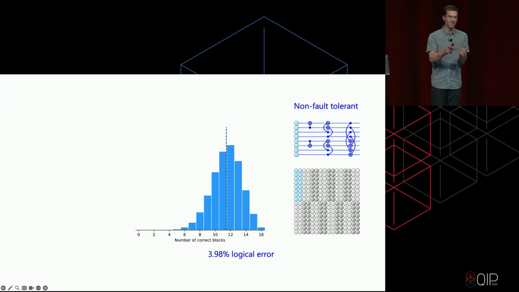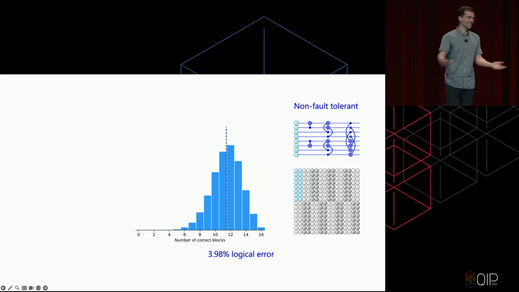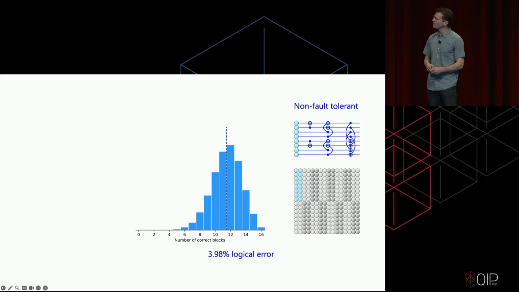The problem is a lot of them are faulty. A lot of them have logical errors, and you don't know which ones have logical errors or not. So the fact that you have 66 out of 96 and you don't know which 66 are good doesn't make it very useful for much. But it's a start.